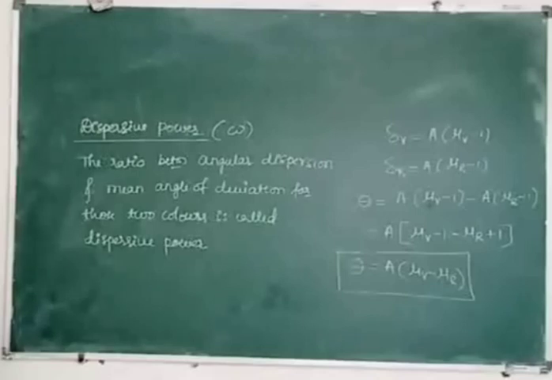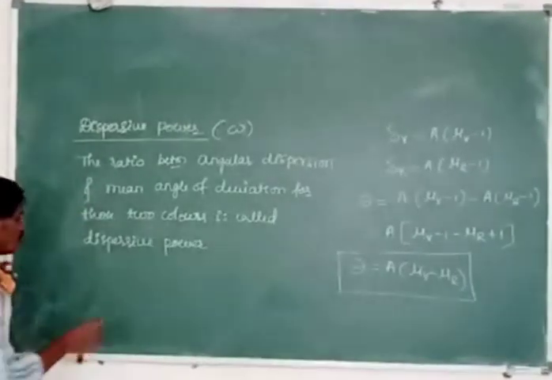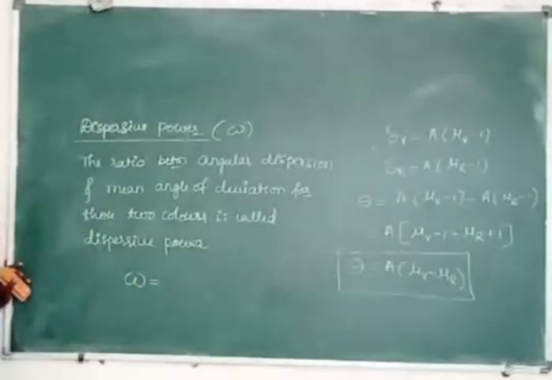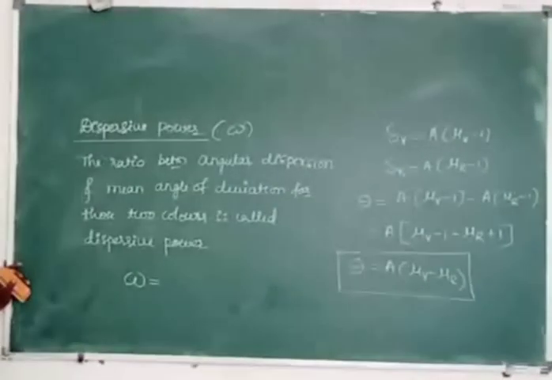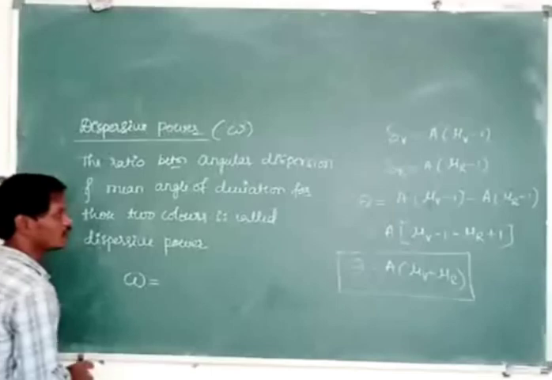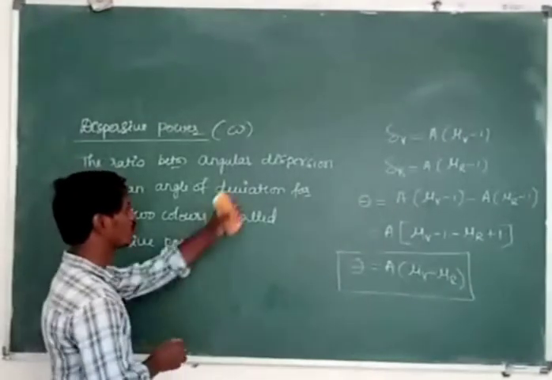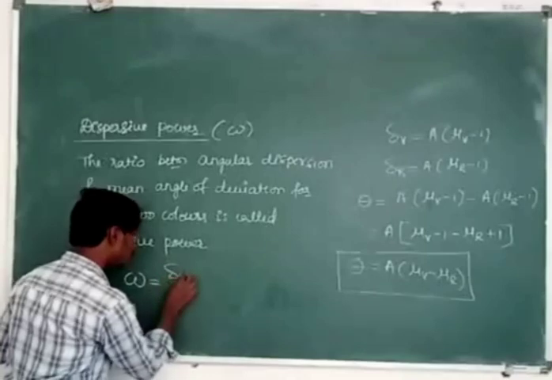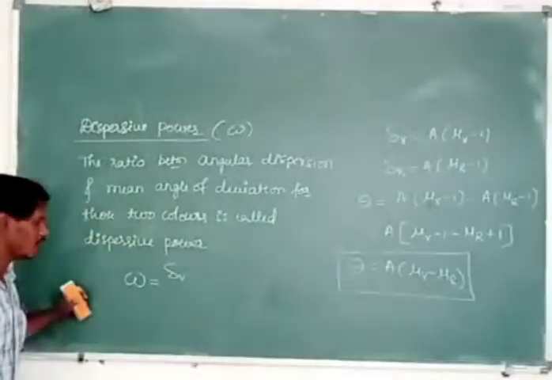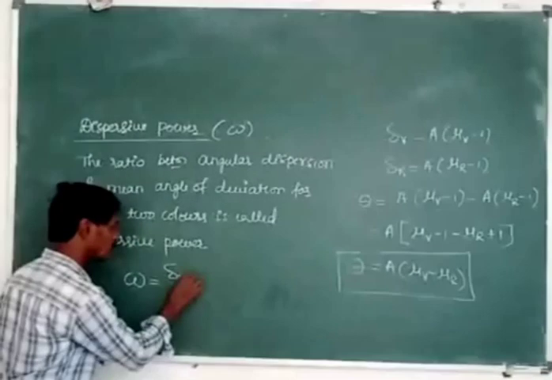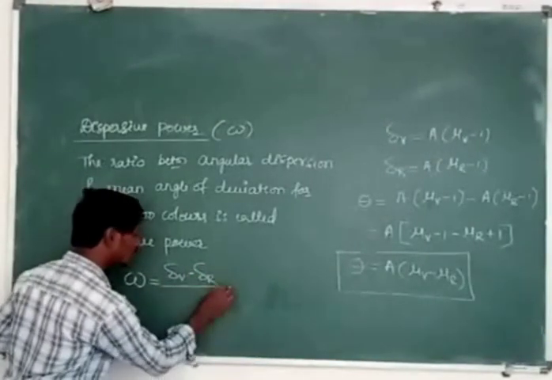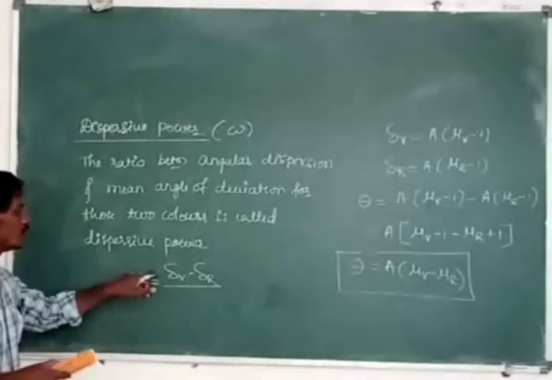Okay. So how to write this mathematically? Dispersive power is represented by omega. Then we take the angular dispersion for red and violet. What is the angular dispersion for red and violet? That can be written as the angle of deviation for violet color minus the angle of deviation for red color, divided by the mean angle of deviation of these two.